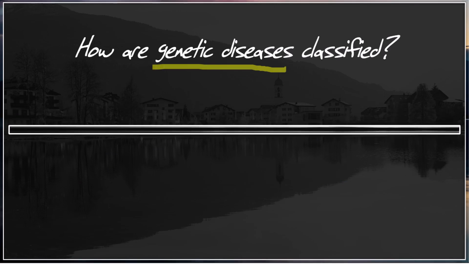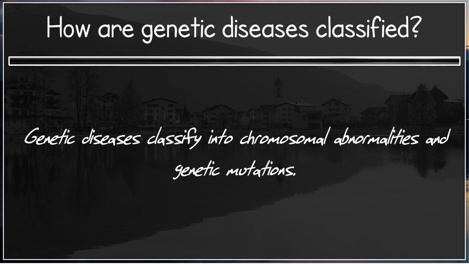How are genetic diseases classified? Genetic diseases classify into chromosomal abnormalities and genetic mutations.